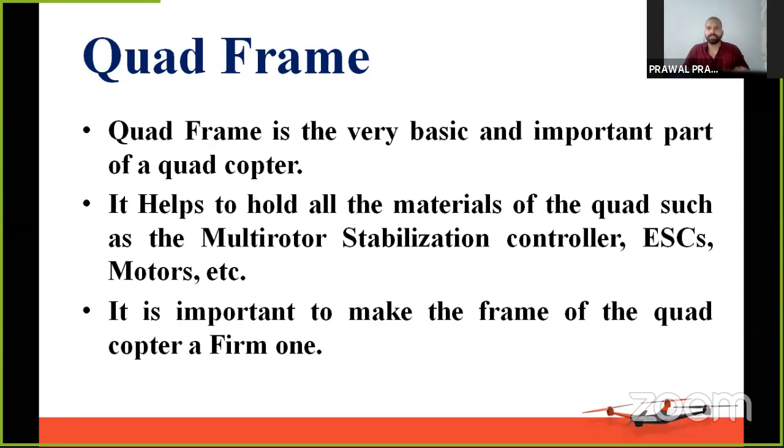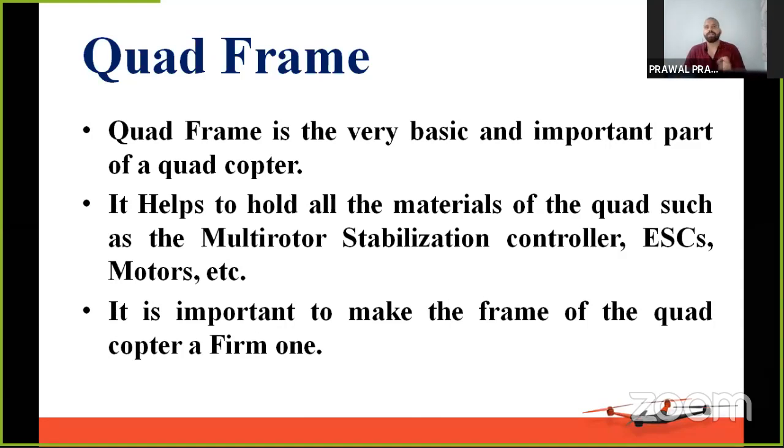And frame is the thing which is going to carry your controller, your ESC, your motor, your propeller, your battery, everything. All these things are going to be carried by a frame. The only thing which frame is not carrying is the transmitter, the remote that we are having. Apart from that, everything which is there in a drone is being carried by the frame. So frame becomes a very essential unit if you want to make a drone.